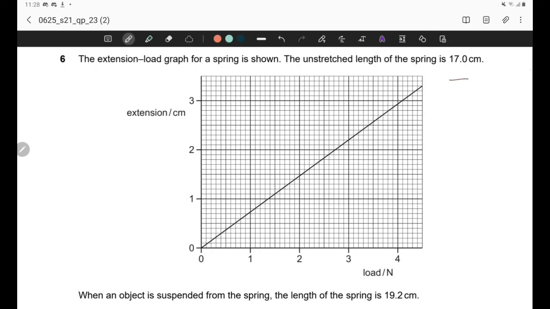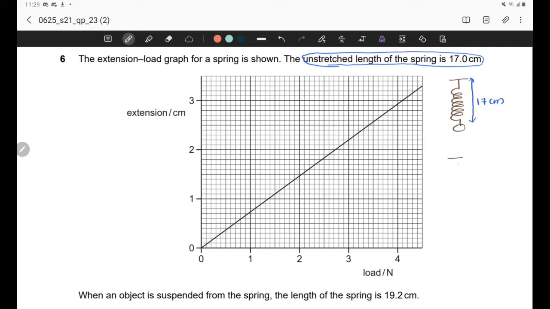So in this question we have a spring, and the unstretched length of the spring, or the original length of the spring without hanging any mass, is given, and that is 17 centimeter.